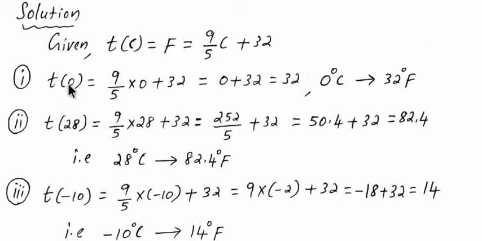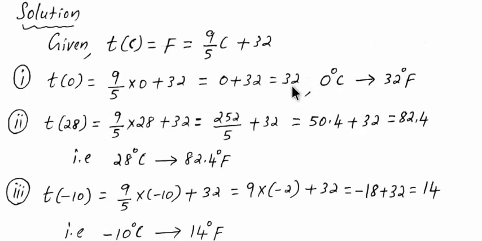Here C is Celsius, and T of C, or F, is Fahrenheit. So 0 degree Celsius becomes 32 degree Fahrenheit.